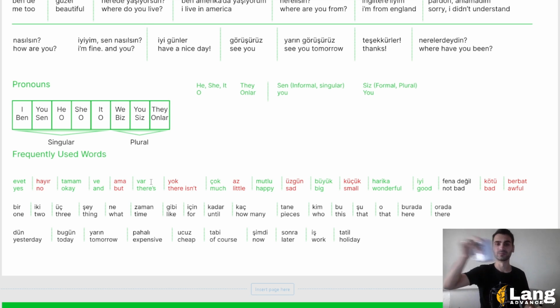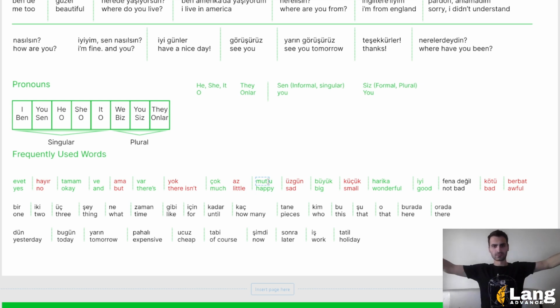Bir bardağım var. Bir bardağım yok. Çok. Many. Az. Little. And many and much. Çok is for everything. Many. Much. Both of them. Az is little. Mutlu. Üzgün.